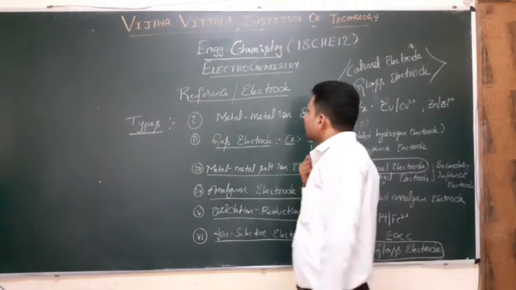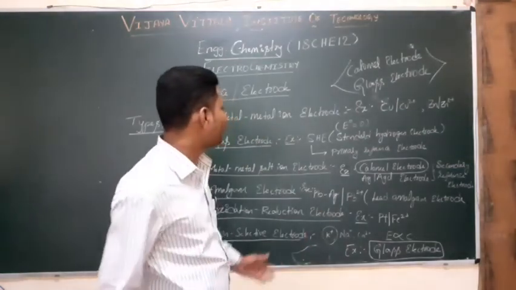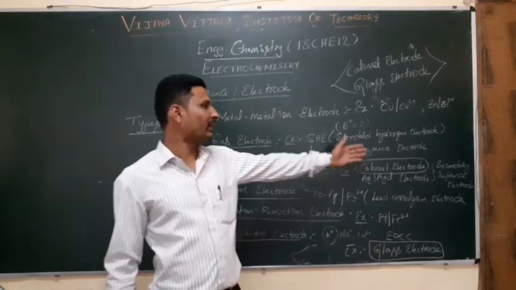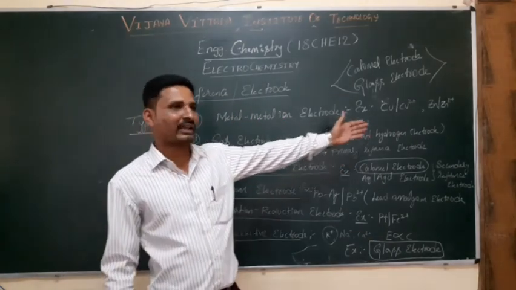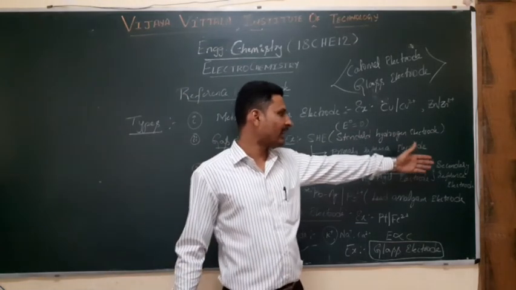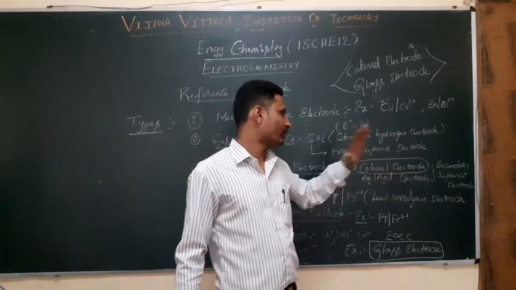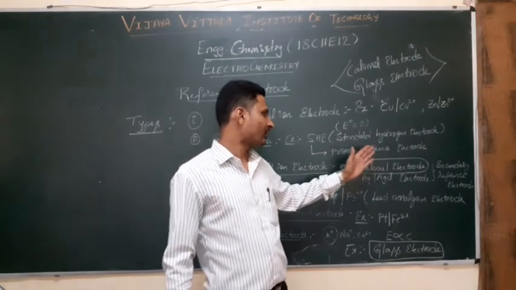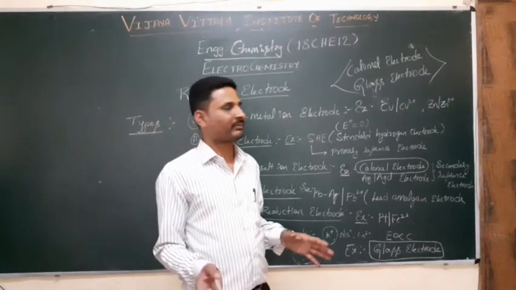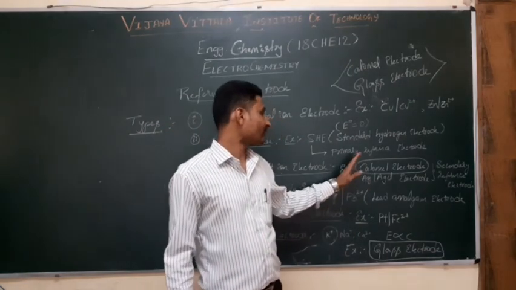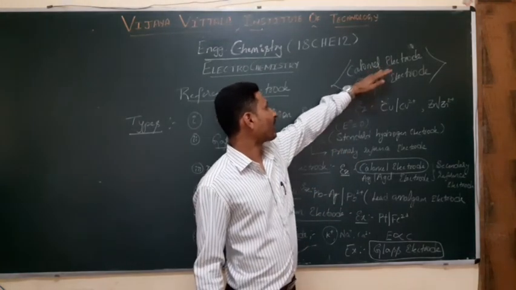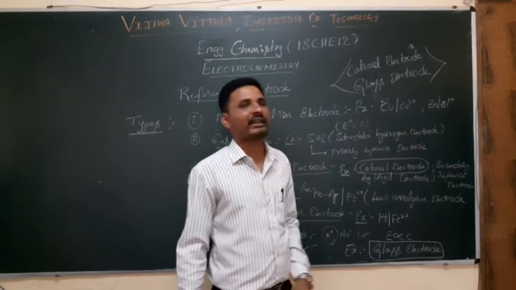With the standard hydrogen electrode, it is very difficult to handle hydrogen gas at 1 atmosphere. So nowadays we use the secondary reference electrode, the calomel electrode, in which we use mercurous chloride, mercury 1 chloride, as a calomel paste. So in this chapter we mainly talk about the calomel electrode and the glass electrode.